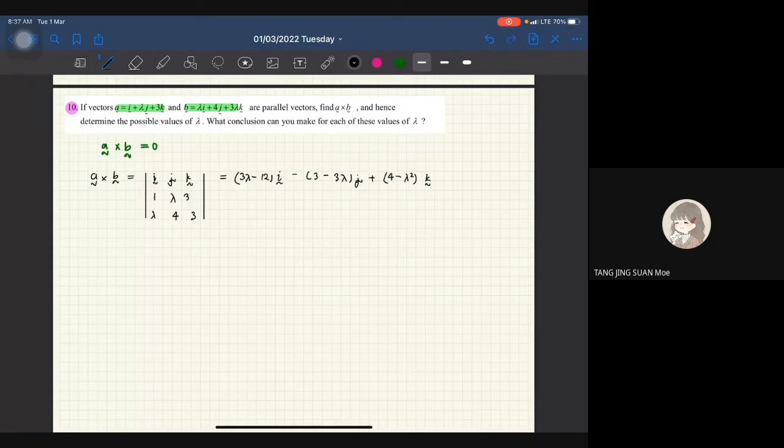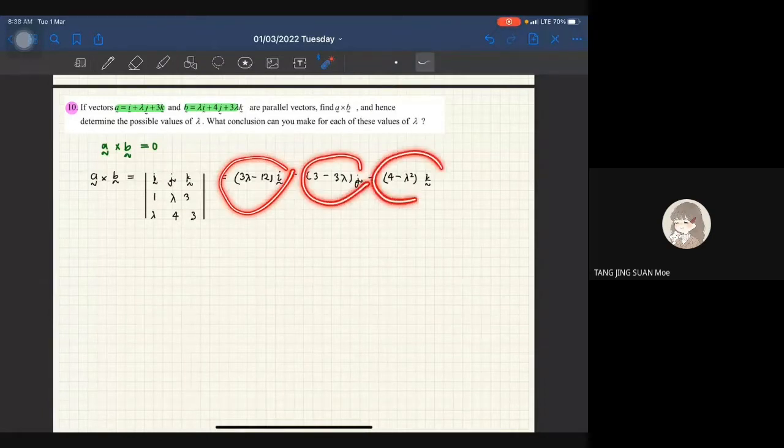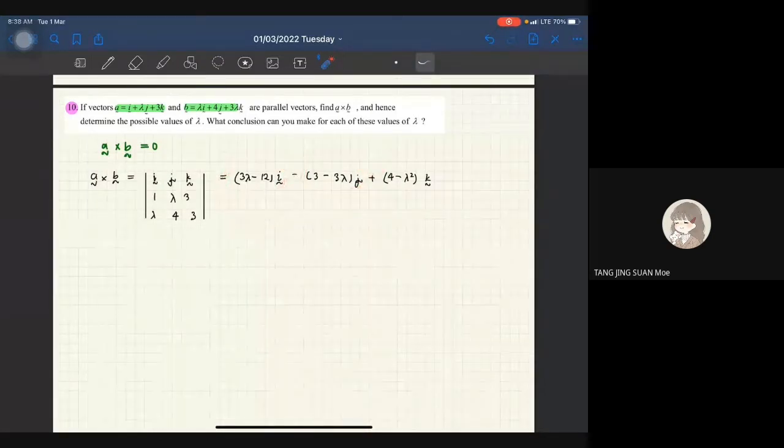I think dah tak boleh dah. Okay, sebab this one dia ada I, this one ada J, this one ada K. So that's it for our A cross B. Okay, settle. First part.